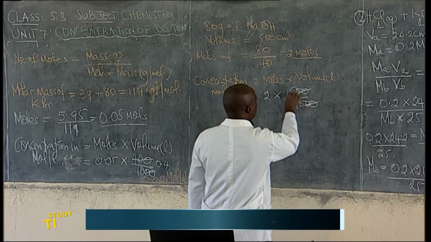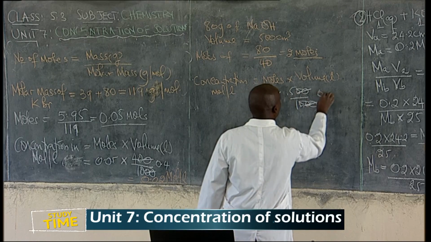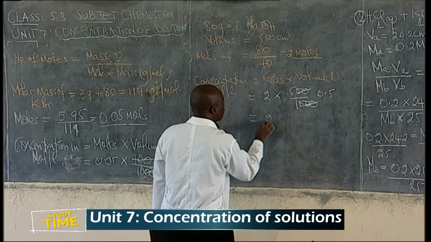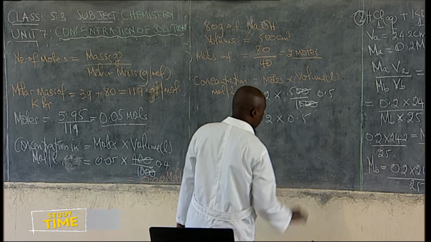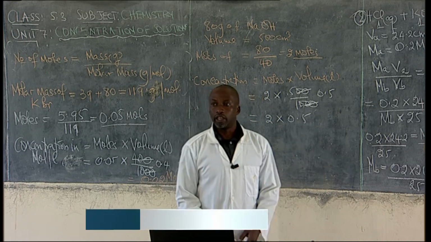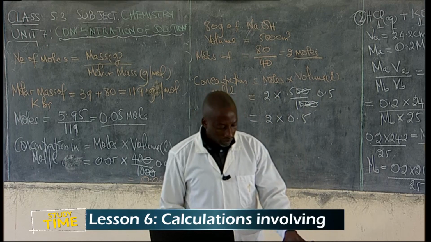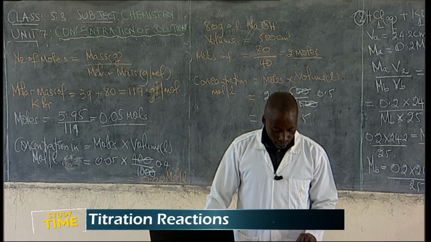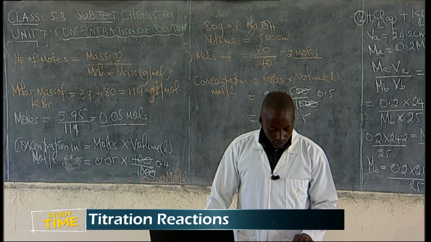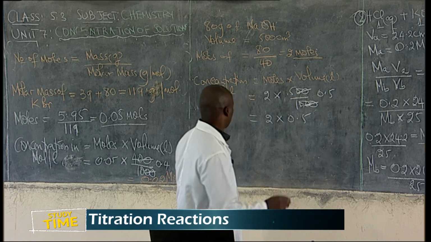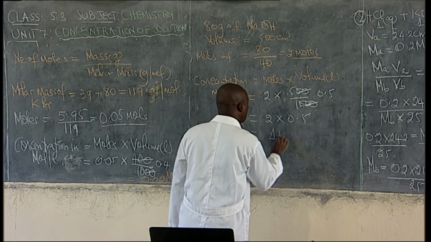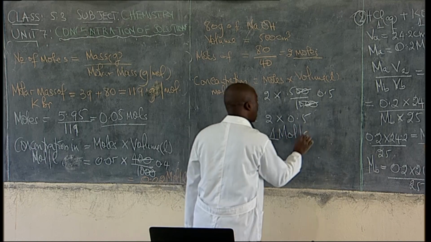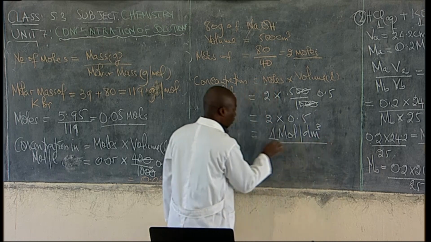So this is 0.5. So 2 divided by 0.5. What do you get? Isn't it 4? This is 4 molar per decimeter cubed.